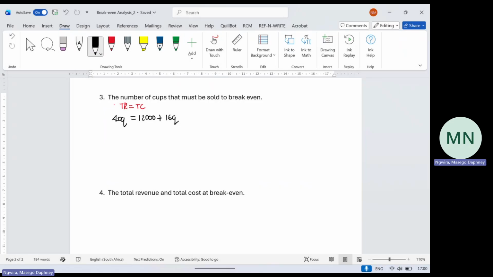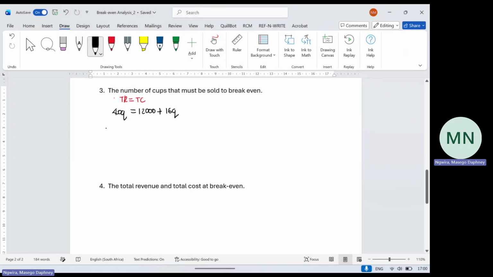Now we take like terms to one side. I'm going to take the 16Q to my left. When 16 jumps the equal sign, it changes the sign. So we have 40Q minus 16Q is equal to 12,000. 40 minus 16 gives us 24Q, equal to 12,000.